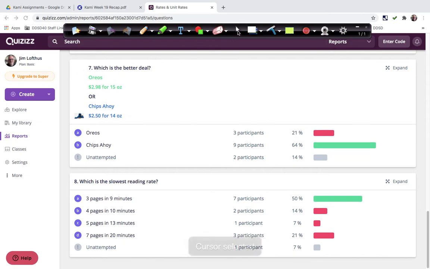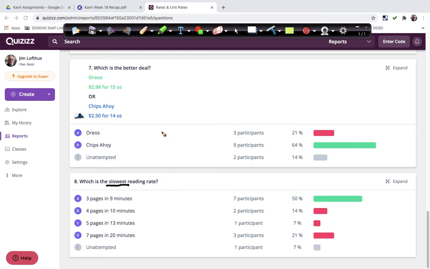And the last problem, just half of the people in this class got it, and I suspect what happened was people did not set these up. So I'm going to show you how to set these up. It also could have been that you were looking for the fastest, but this said the slowest. So we're going to change all these to pages per minute.